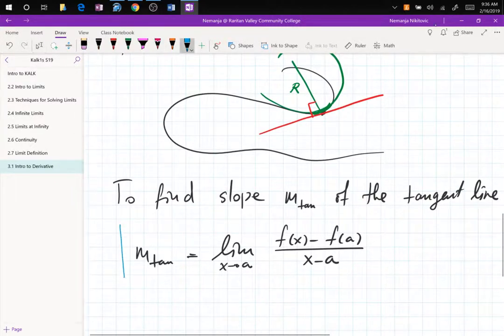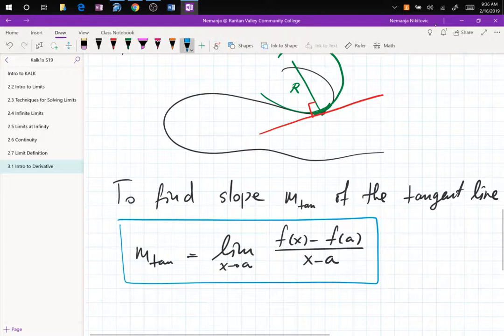So this is not our final formula, but this is an extremely important formula in terms of a concept, because this is where you see that you are using algebra, which is f(x) minus f(a) over x minus a. You're using algebra to compute infinitely many blue slopes, and then you put the limit as x goes to a in front of it to get the slope, that one slope, the red line, which is what we are looking for.